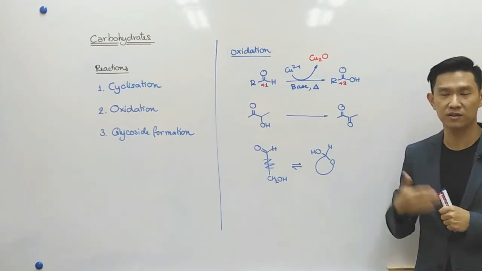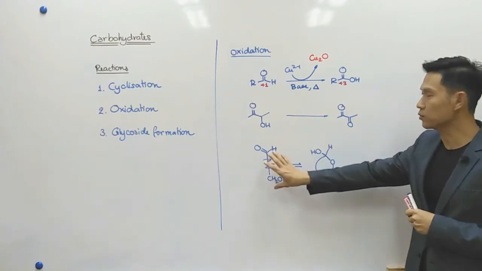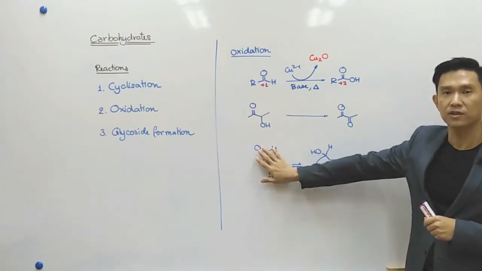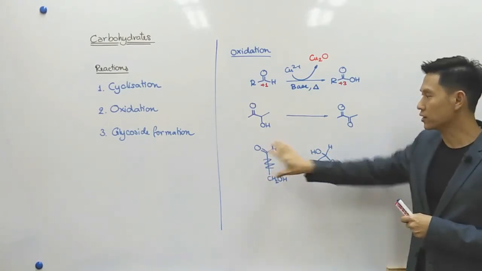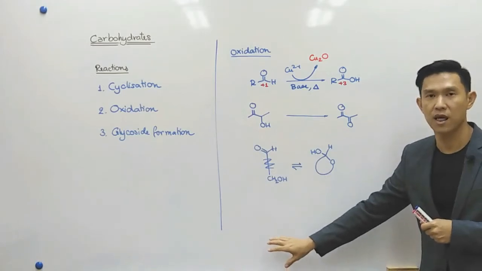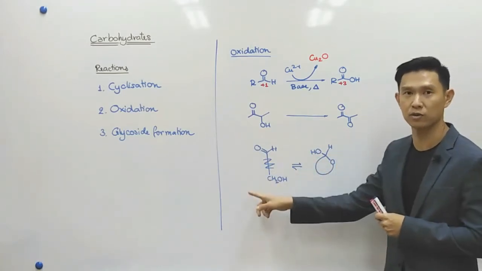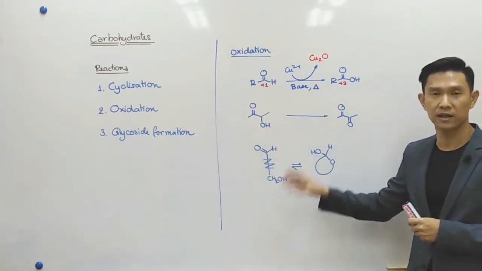When you were in high school, you learned the Le Chatelier principle. So if this one is oxidized, that means you get rid of this one. So the equilibrium shifts back to the open chain structure. So if this is oxidized out, then the cyclic structure opens to be the open chain like this, and it's oxidized.